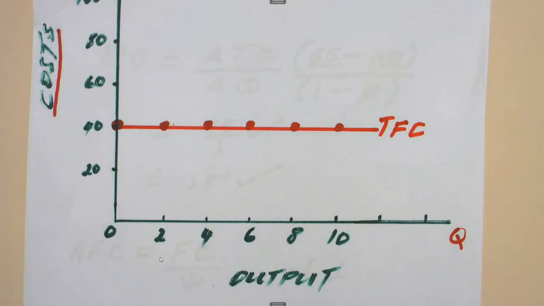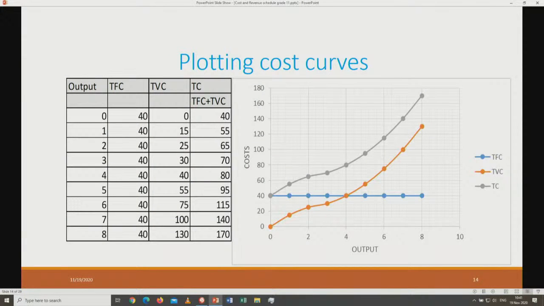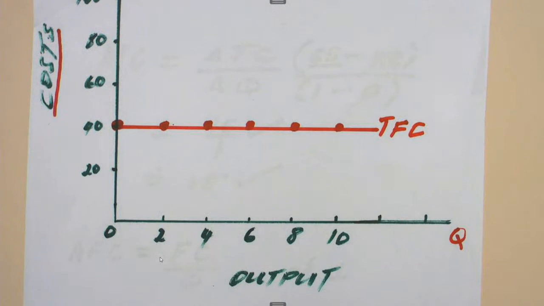Now let's go and plot the second one. I want us to plot the variable cost. Let's look at the variable cost. When we are not producing anything, what is the variable cost? It is 0. Okay, so which means our graph will start at 0. Let's just do it quickly.